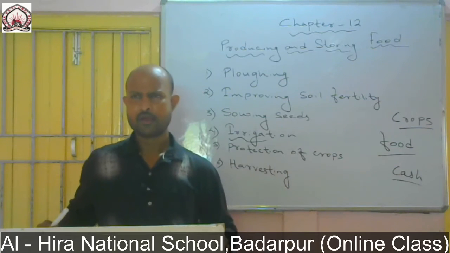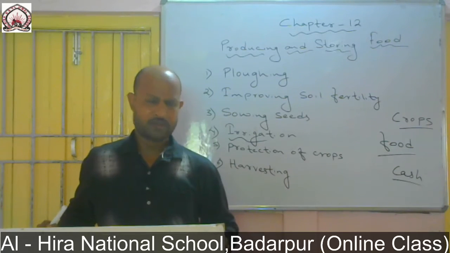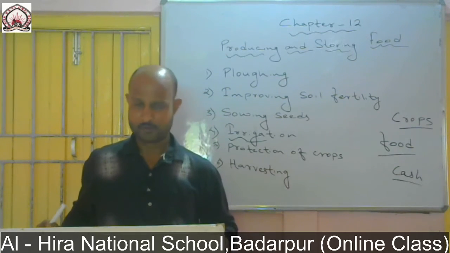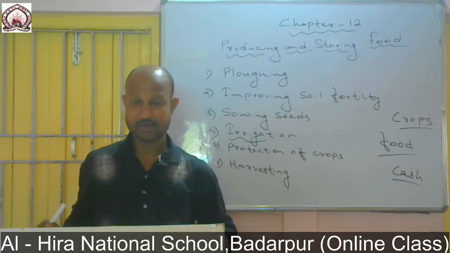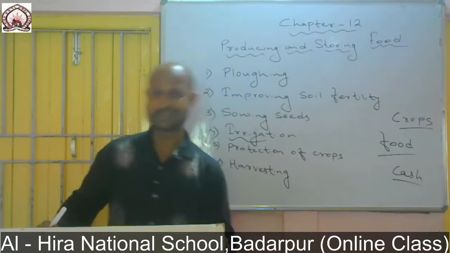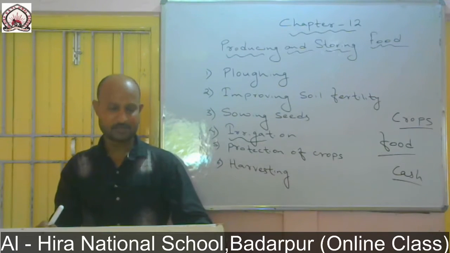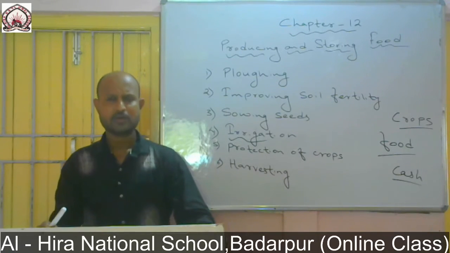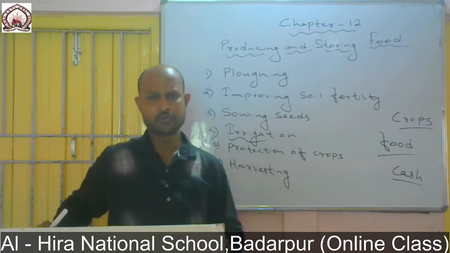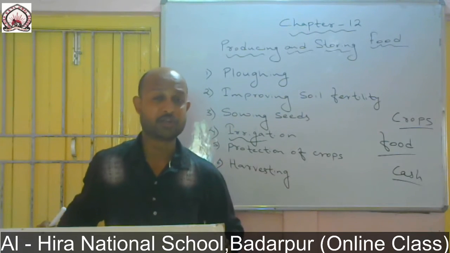We know that in most crop fields where foods are grown, many animals which we call grazers, like cows, goats and buffaloes, move from place to place in search of food.